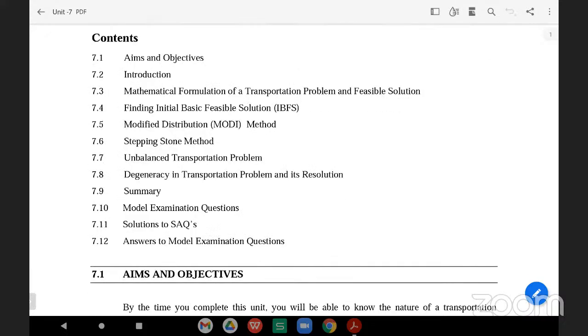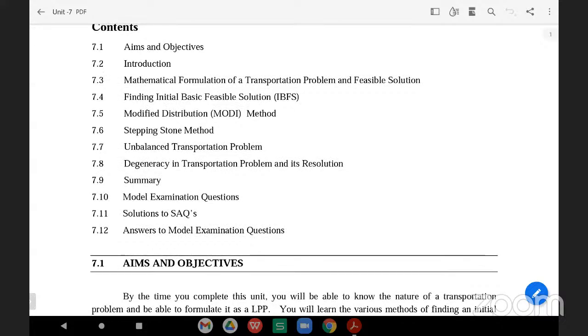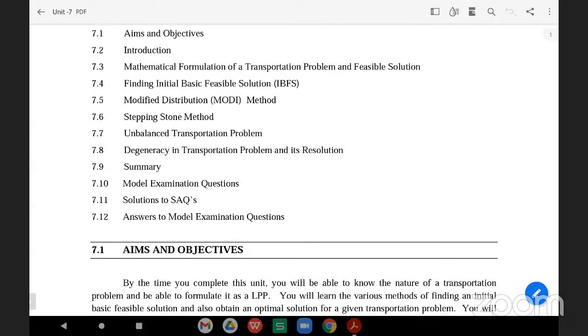Yes, sir. Visible. Okay, fine. Thank you. Now here, in this session, we will discuss the total transportation problem. In the transportation problem, first we should identify the initial basic feasible solution. Then after that, we will identify the optimal solution. For finding the initial basic feasible solution, we have 3 methods.